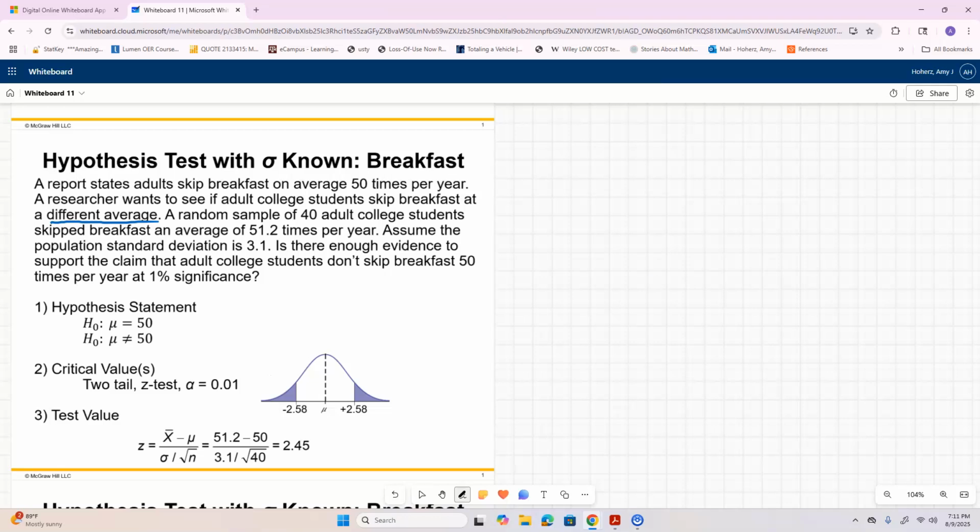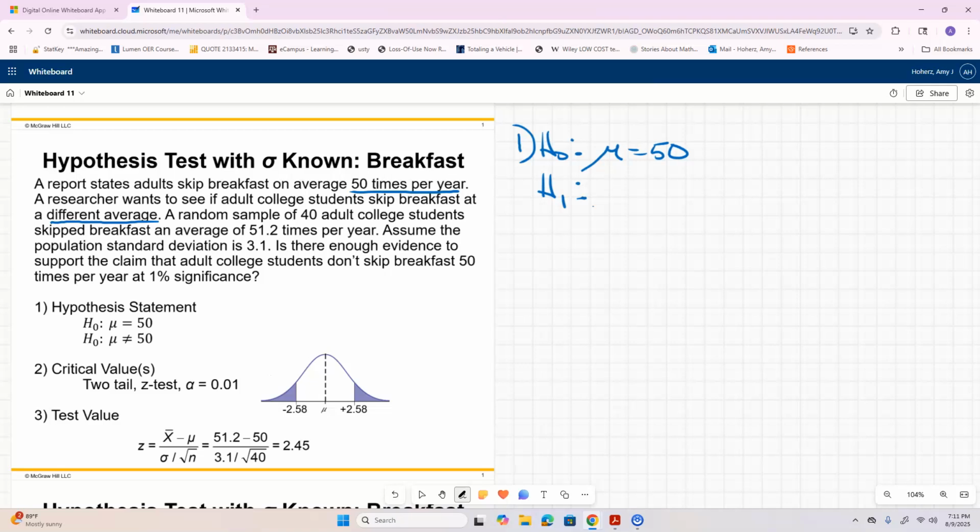Our hypothesis statement, we're going to start with what is the status quo. Where are we starting at? What's the origin? Well, the origin is a report states adults skip breakfast 50 times per year. That's our average. Status quo average. Adults skip at an average of 50 times per year.